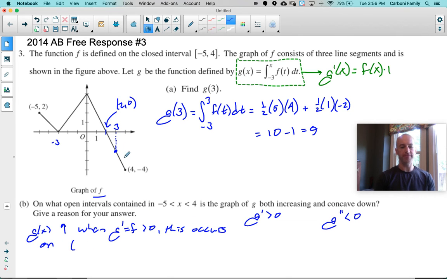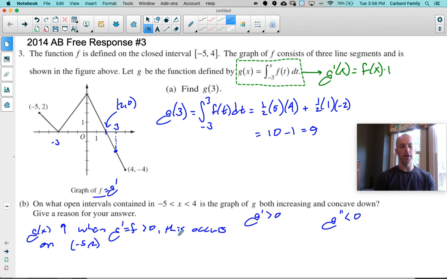So when f is positive, that happens from -5. We do have an instant where g prime, because f is g prime, is 0 at -3. However, because the derivative is positive on both sides, we can blow straight through that and say that this occurs on the interval -5 all the way to 2.